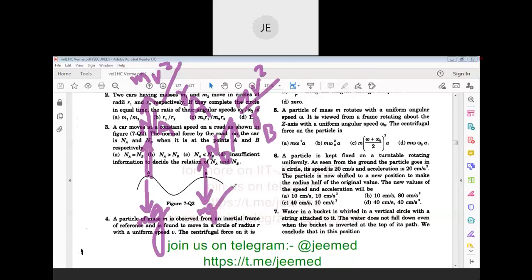So if you write the net force equation, mg is equal to Na plus mv square by Ra, and from the second free body diagram, mg is equal to Nb plus mv square by Rb. So from the first free body diagram, Na is equal to mg minus mv square by Ra.